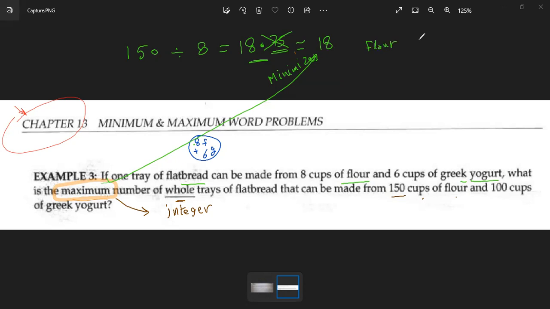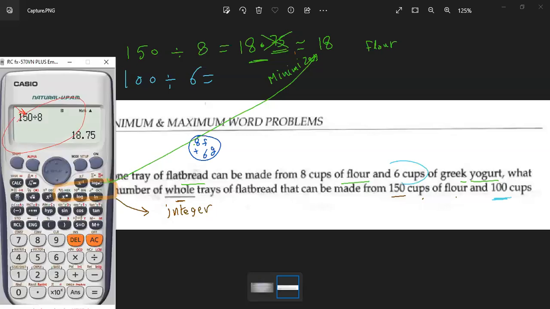Exactly the same happens with the Greek yogurt. We have 100 cups of Greek yogurt divided by 6 cups for each. The same step with the calculator, also minimize. I'm sorry, I have to clear this: 100 instead of 150.